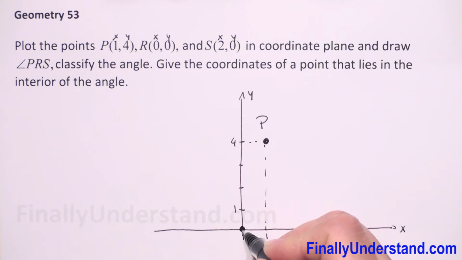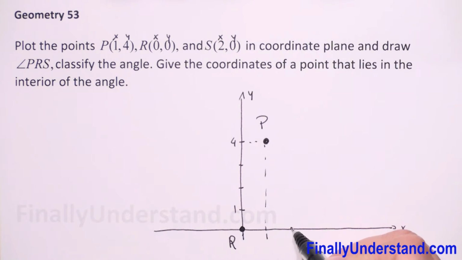So this is our point R. And point S is (2, 0). For x it is 2: 1, 2, and for y it is 0. So this point is on the x-axis. This is our S.